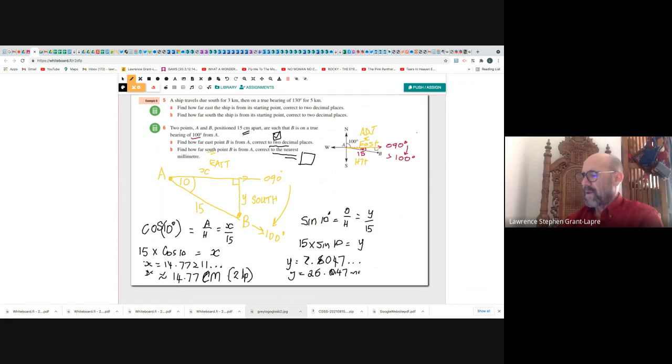We want it to the nearest millimeter, which is approximately 26 millimeters, to 0 decimal places or to the nearest millimeter. And tick that box once we've done it. Okay. I hope this has helped.